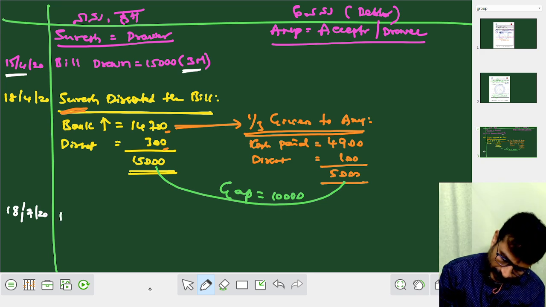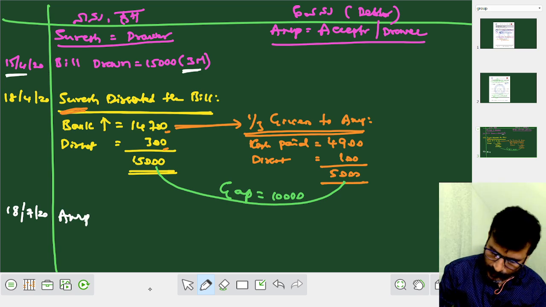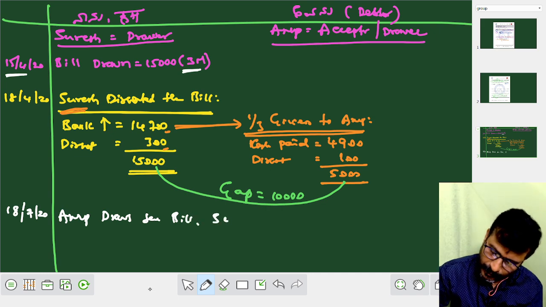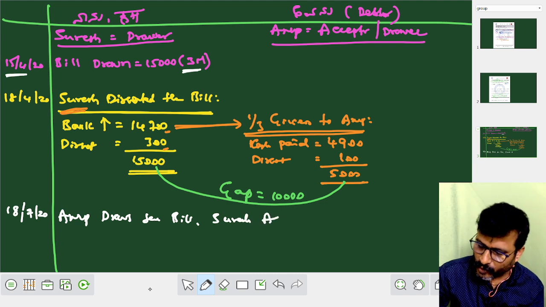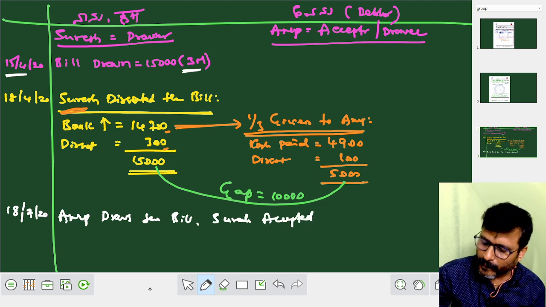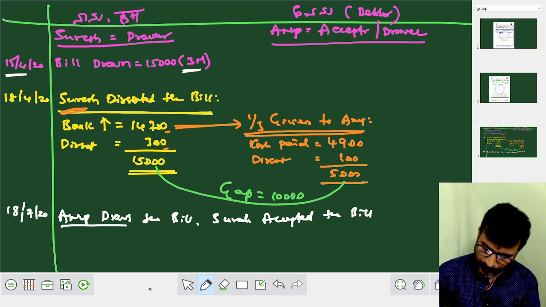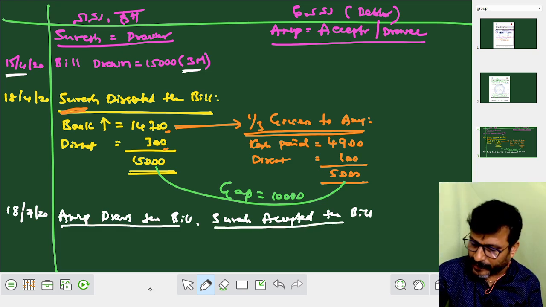Now let me write. Anup draws the bill. Suresh accepted the bill.